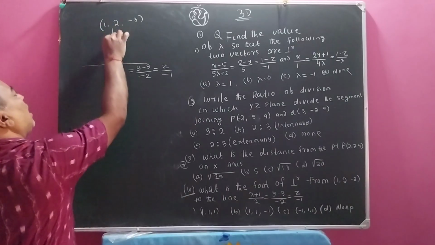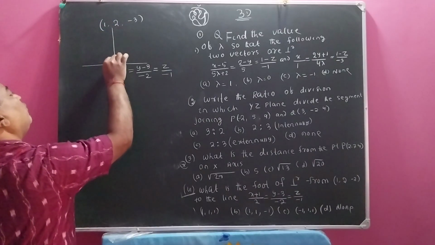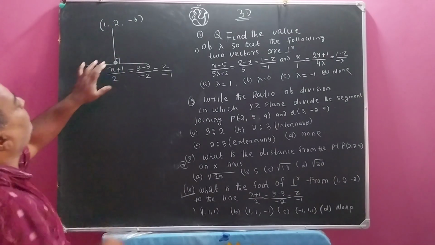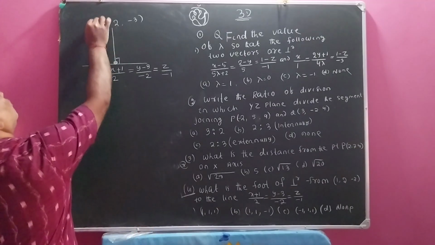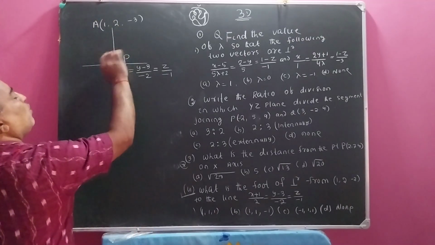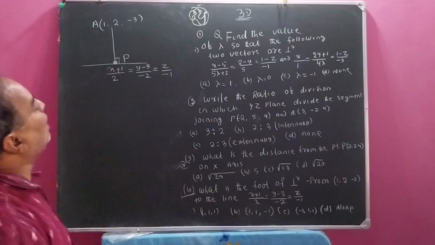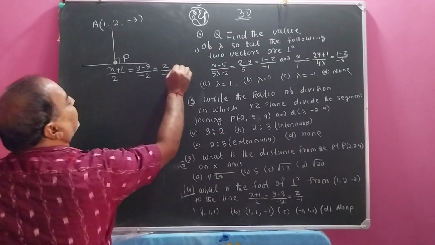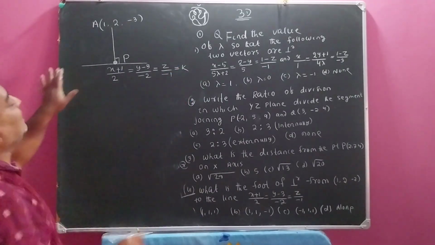Our aim is to find out the coordinate of the foot of the perpendicular. This coordinate we have to find out. How can you? Suppose it is point A. This is a line.